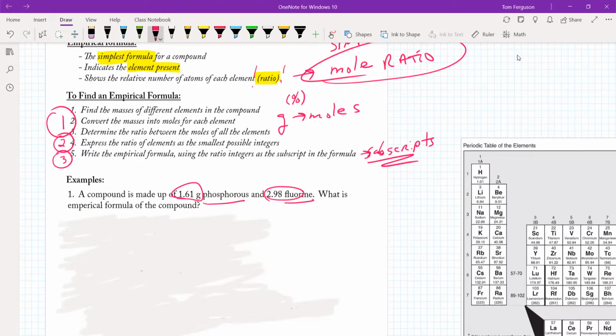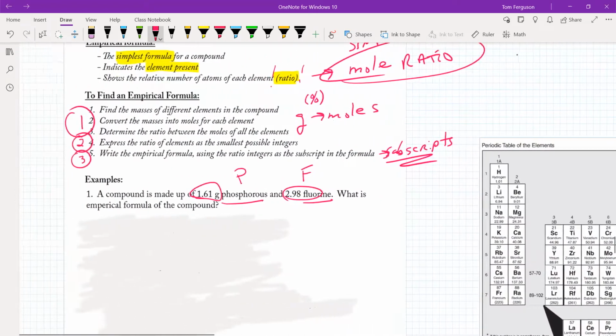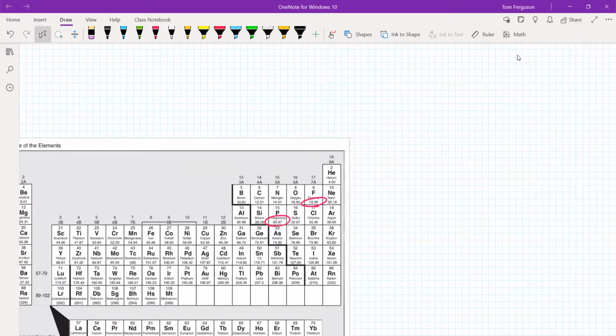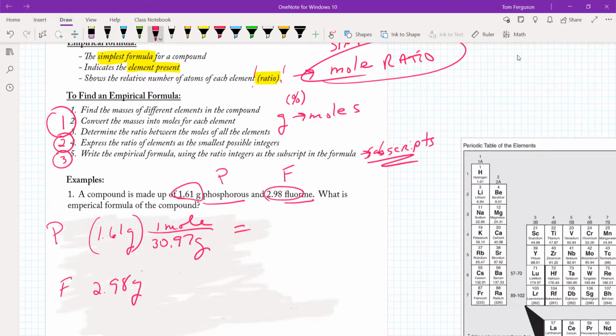Okay, so step number one is grams to moles. We're working with phosphorus and fluorine, so that's P and F. Phosphorus is 30.97, fluorine is 19 even. These are from the periodic table.